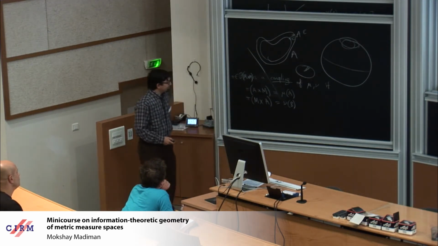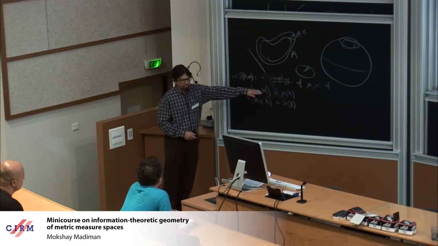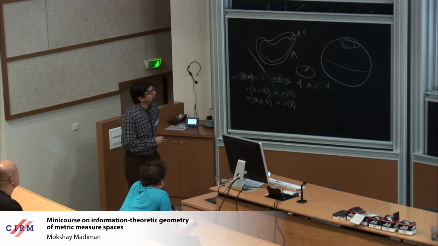So this is a joint probability distribution with marginals mu and nu. Those are couplings.